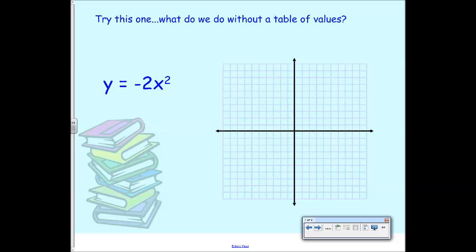-2. It's even more important with a parabola that you do a couple negatives and a couple positives, because otherwise, if you graph only positives, you might have this point and then 1, 2, and maybe like 4, 6. And if I just graph that, I could pretty easily think that that makes a line.